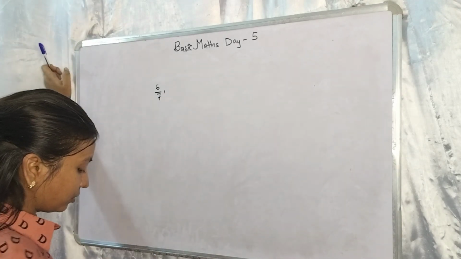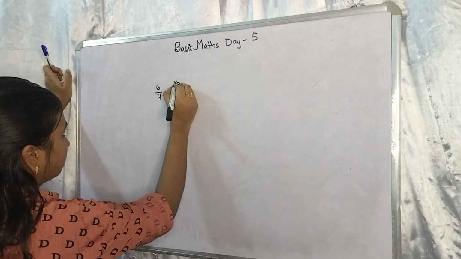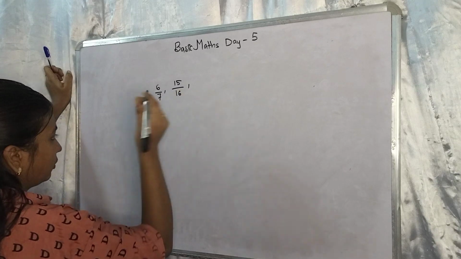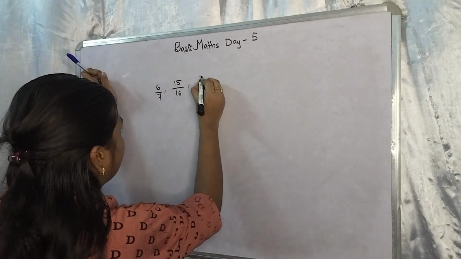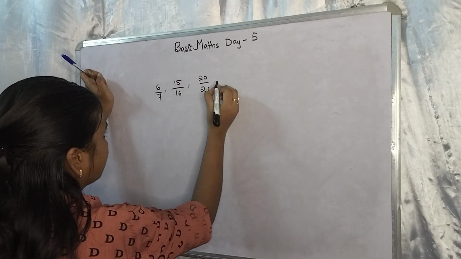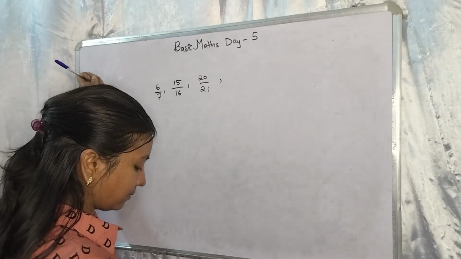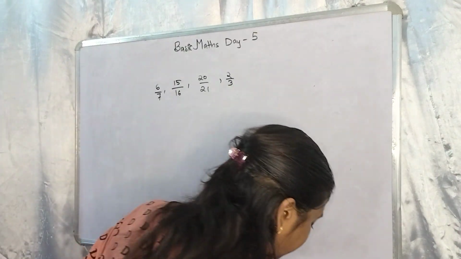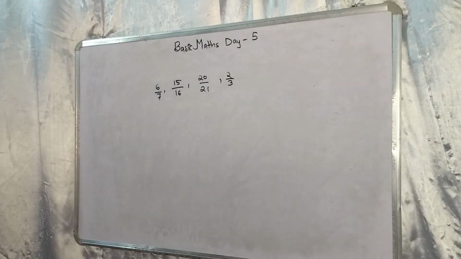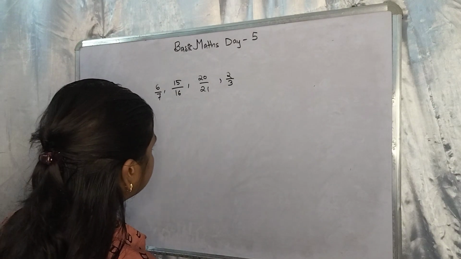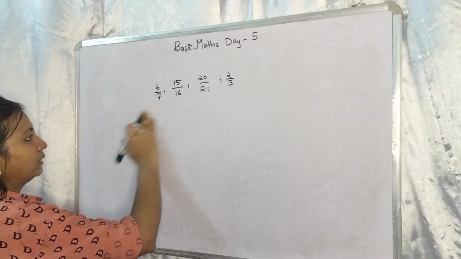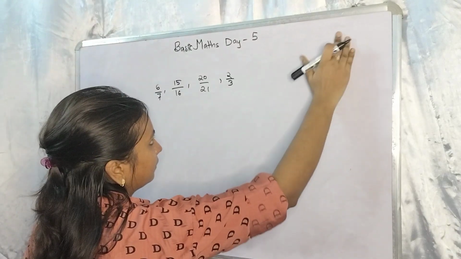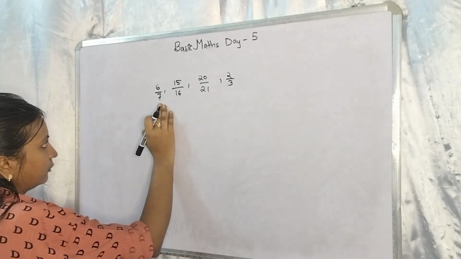Now see, if you look at this question very carefully, you can get to know that the difference between these two numbers is 1. 6 and 7 have a difference of 1. 15 and 16 have a difference of 1. 20 and 21 have a difference of 1, and 2 and 3 have a difference of 1.